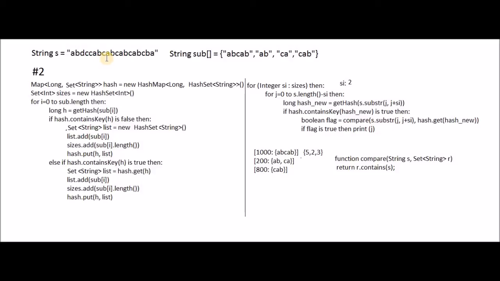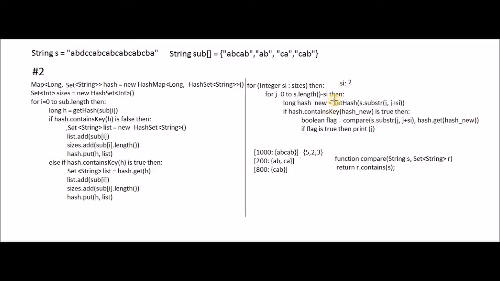It doesn't exist, so we have CA again, which does exist, so it's going to print this. AB again exists, and then BC, CA, and so forth. Once we iterate through the whole thing and we're done with BA, which doesn't exist, we go to the last and final one, that is 3.